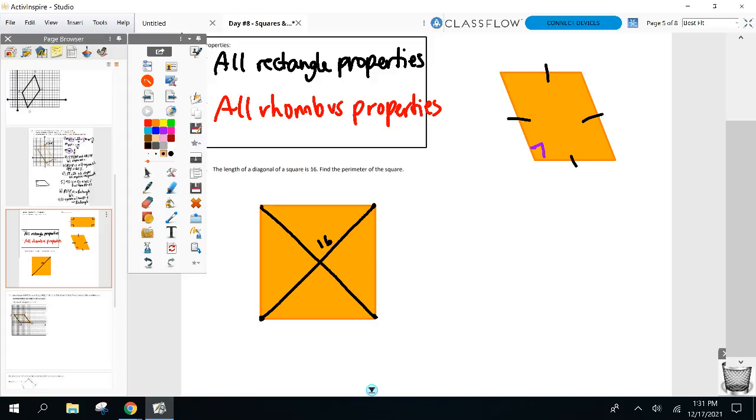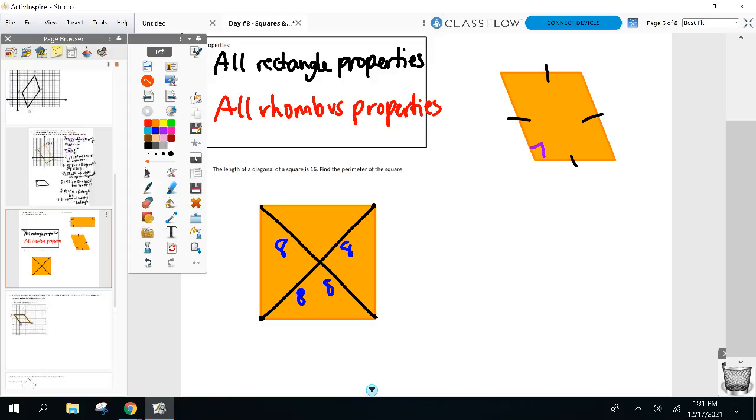Can you tell me what all 4 pieces are equal to? 8. Yep, we're getting somewhere. So 8, 8, 8, 8.